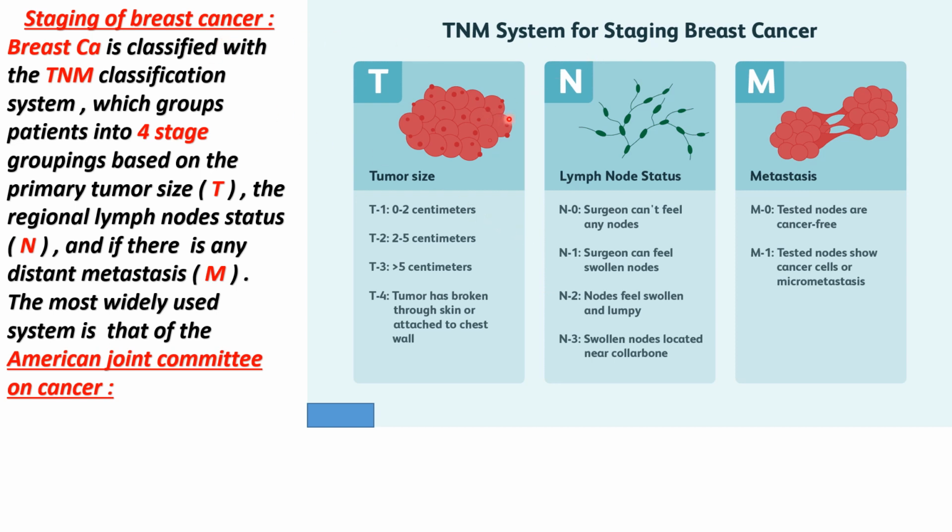Breast cancer is classified with the TNM classification system, which groups patients into 4-stage groupings based on the primary tumor size. The letter T is the first letter of the word tumor.